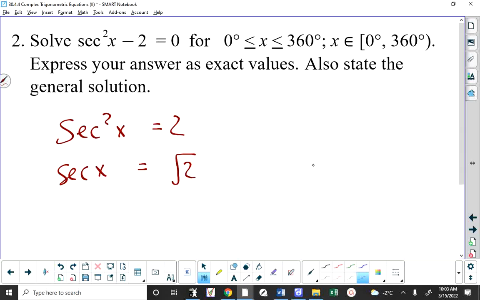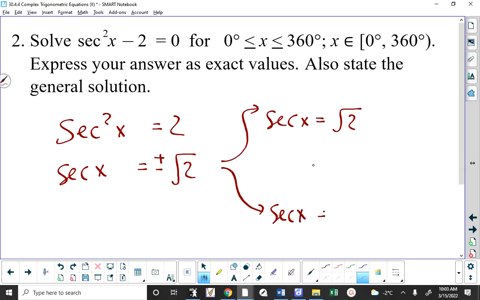That's right, plus or minus. So now I have two equations. And those two equations were ones that could have been assigned yesterday.